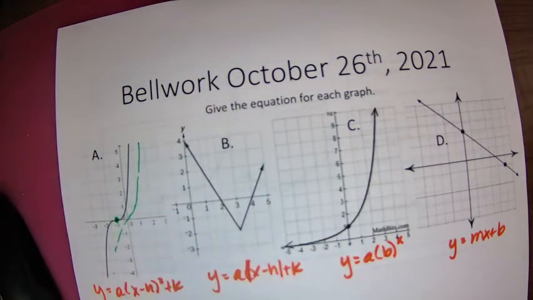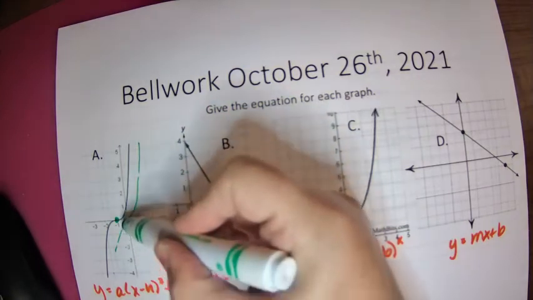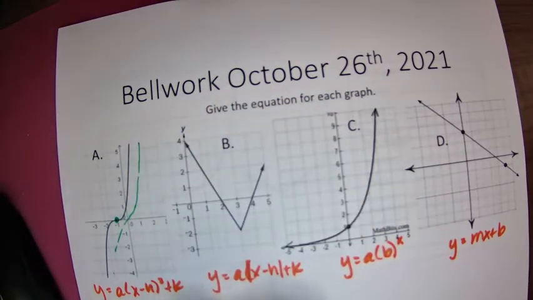He's actually crossing here at -1. So our graph is going to be this. H, and because he went to the left, we're going to +1 squared, but he didn't move up or down, so you could put +0, or just y equals parentheses x plus 1 cubed. You could do that too.